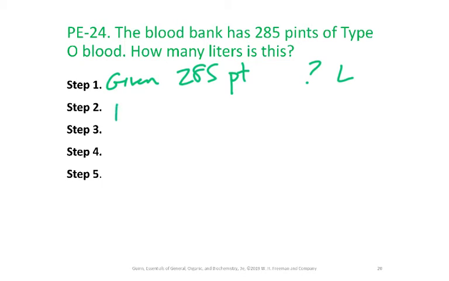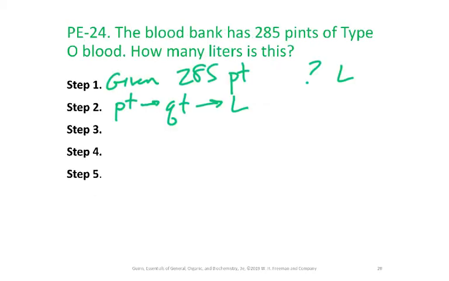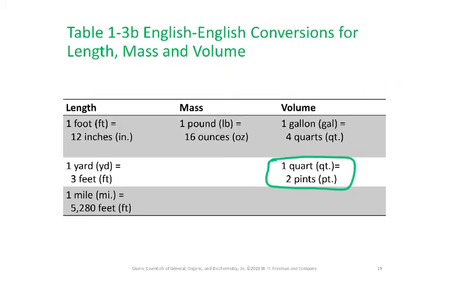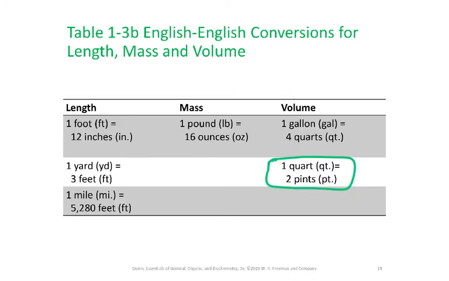So we can go pint to a quart to a liter. And we can look at our table. And we have 1 quart equals 2 pints. And we have 1 liter is 1.06 quarts.